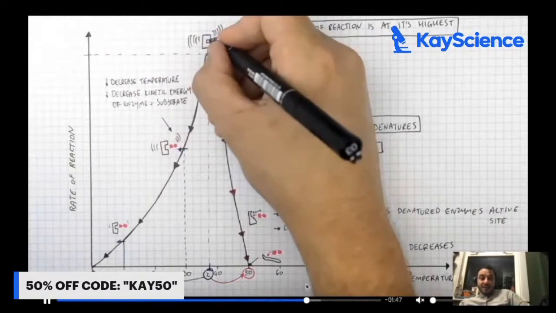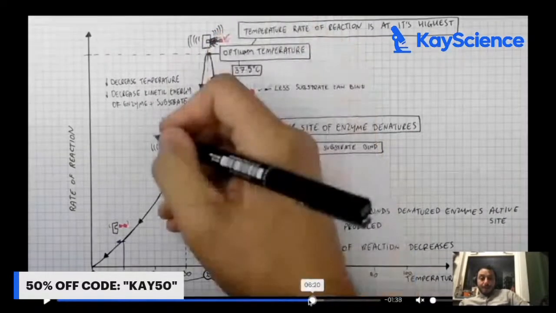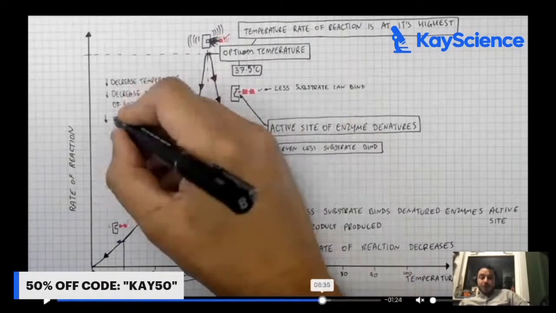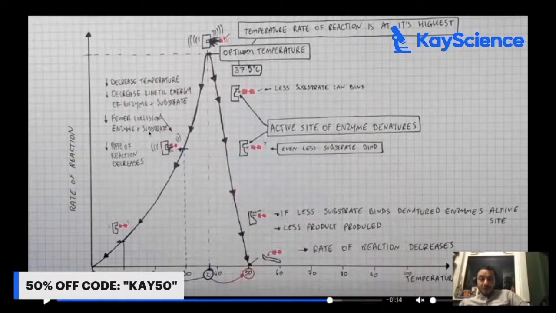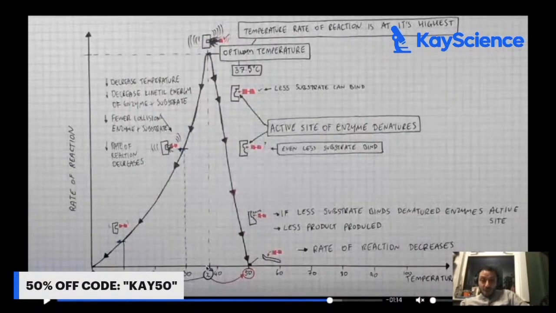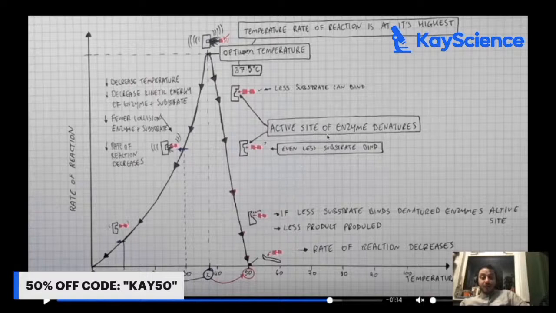Okay, so you need to know the difference between the two. If you go above the optimum temperature, not pH, so we'll look at pH in a second, that means that the enzyme denatures, the active site changes shape, and then the substrate can no longer bind the denatured active site.